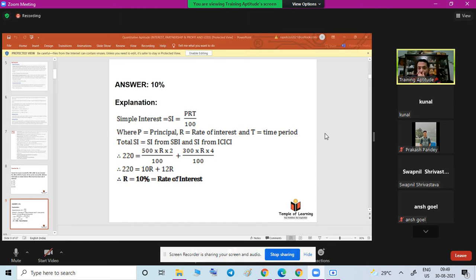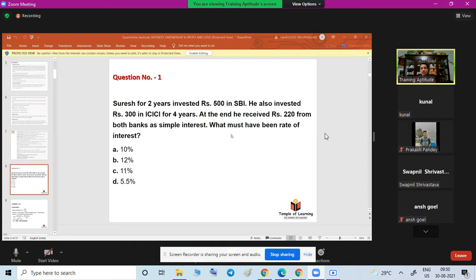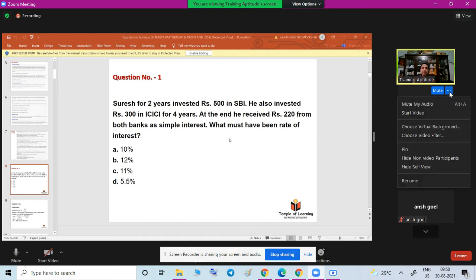Let the rate of interest be R. Let me go back and explain this shortcut first. I assume the rate of interest as 1%. Then I can do it orally. In 2 years at 500 rupees investment, I only earn 10 rupees interest.